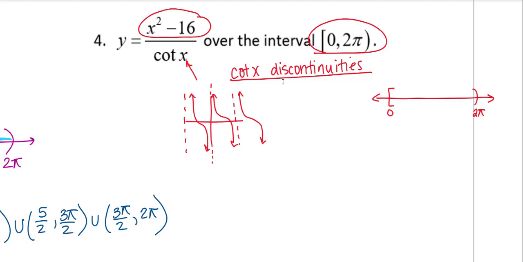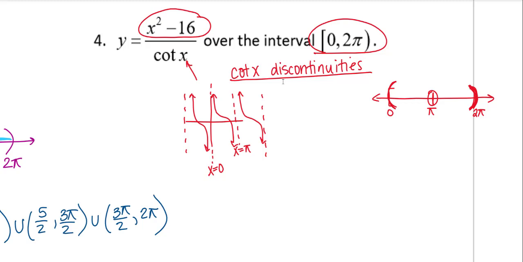The first one does occur at 0, so I already cannot be 0, so I'm going to change that to a parenthesis. This is x equals 0 as a vertical asymptote. This next one here is at x equals pi because it's pi apart. So I can't equal pi, so I'll make that a jump. And then same thing with 2 pi, but it's already not included, so that's okay.